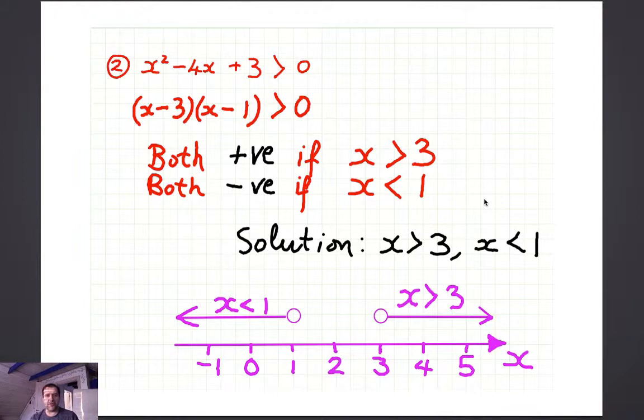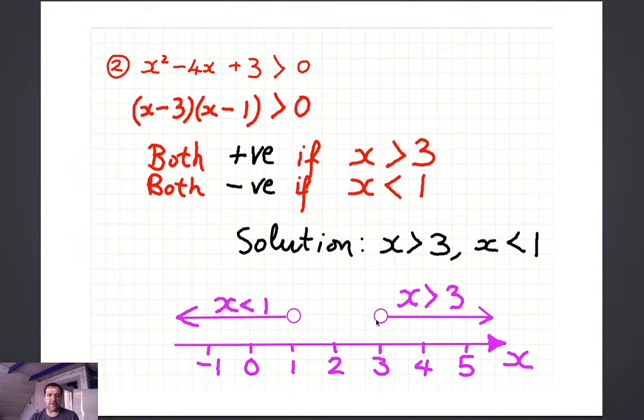So the solution is that x has to be greater than 3 or less than 1 to make both brackets either positive or both brackets negative, so that when you multiply them together you get a number that is positive. So there we are, x less than 1 or greater than 3 on the number line.